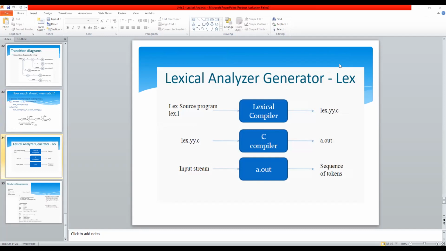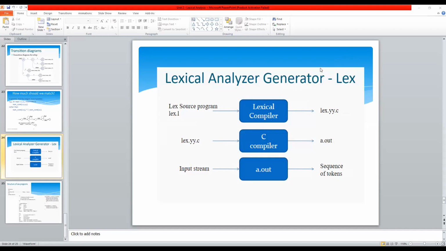We will learn these constructs during the practicals also. This is our first practical where we are going to provide one input to this program, and we are able to generate the tokens. So let us see how this Lex tool works.